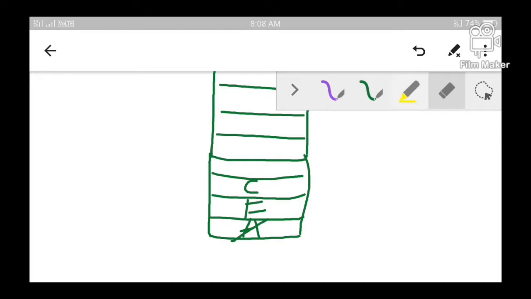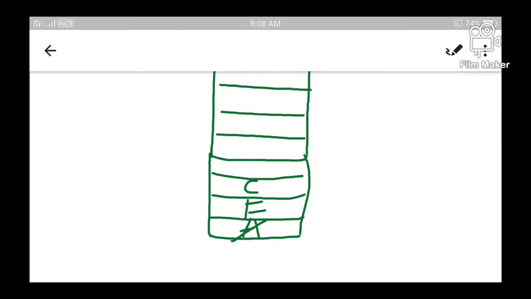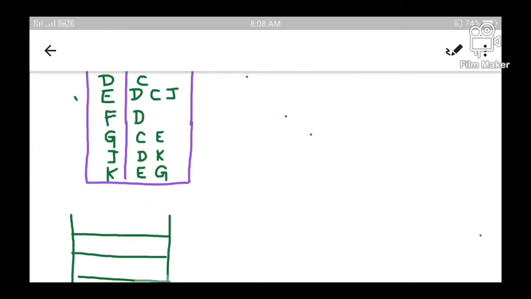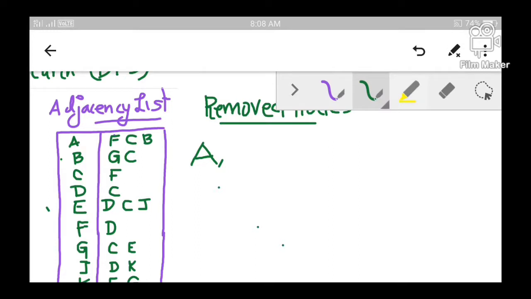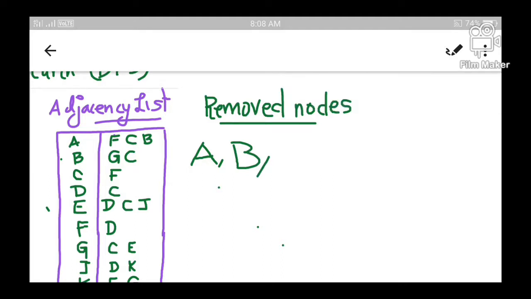So I removed the top element from the stack. And since B is removed, I am going to add it onto the list of removed nodes. When B is removed, its adjacent nodes are to be inserted onto the stack.